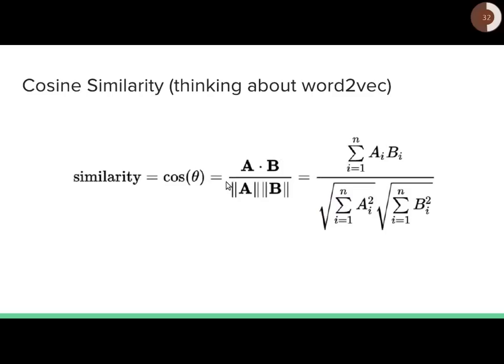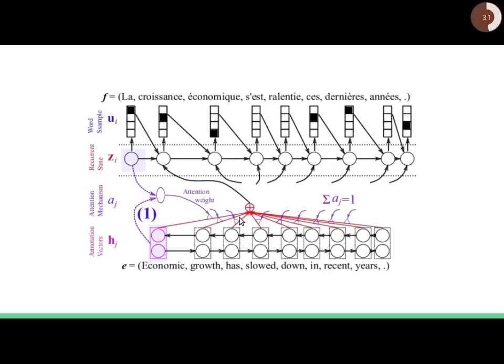So if it's neuron-wise, it makes me think about cosine similarity. So it's basically one word times another. So we just normalize that after. So it's a cosine similarity. It gives the angle in the hyper-dimensional space or something like that. So it's the similarity metric between a query and our word.